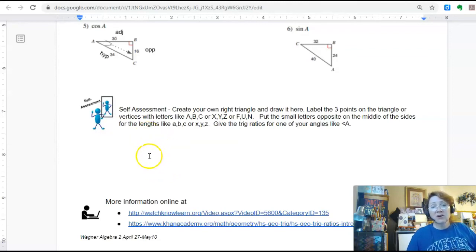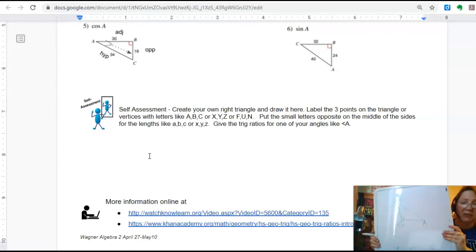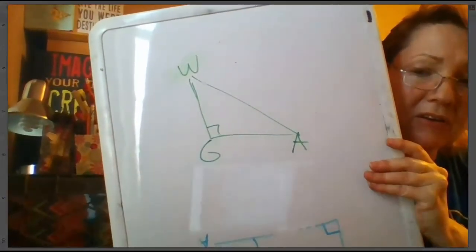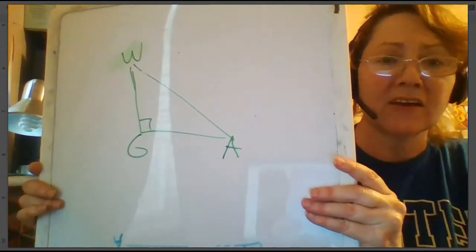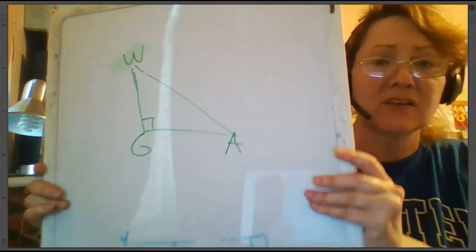Okay, so if I were to do my example, I'm going to label my triangle WAG for Wagner, right? And if I do WAG for Wagner, then I go ahead and I try to see what's opposite.